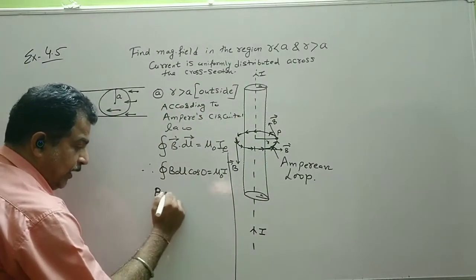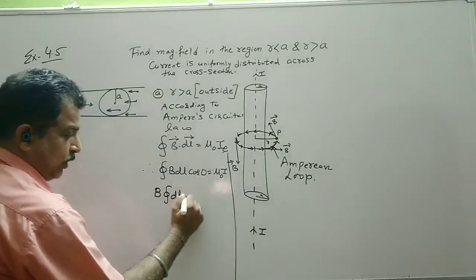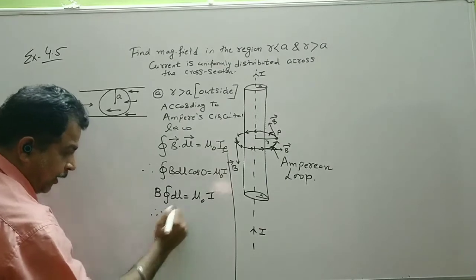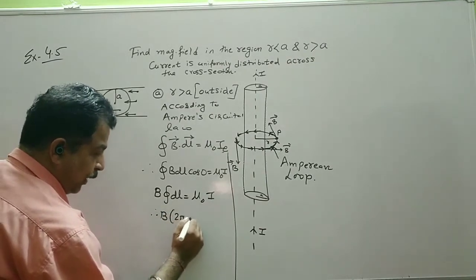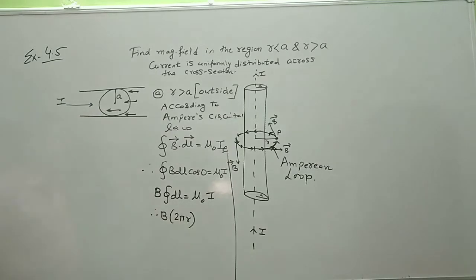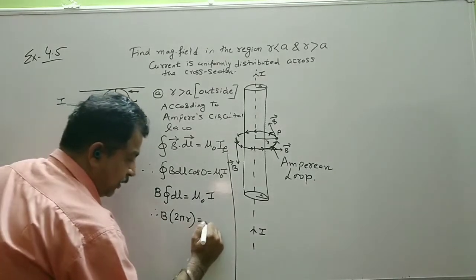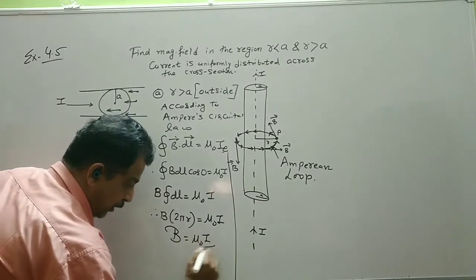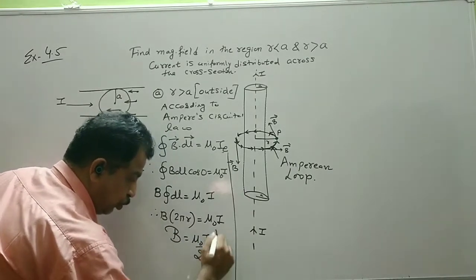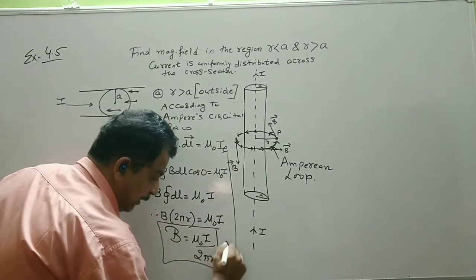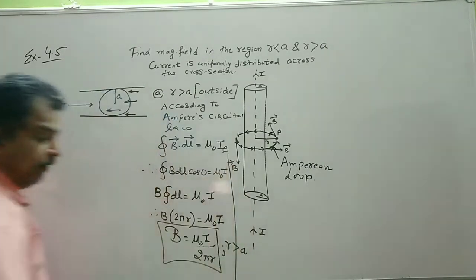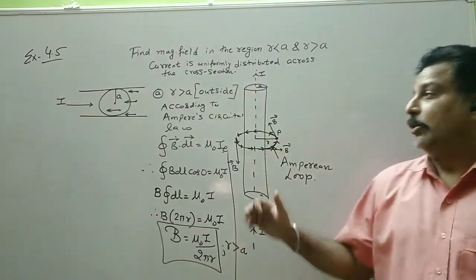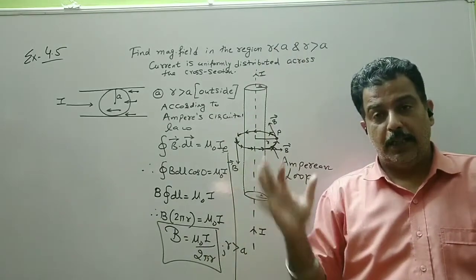So this becomes B times the line integral of dl, cos 0 is 1, equals mu naught I, and therefore the line integral of dl will be equal to 2 pi r, where r is also the radius of the Amperian loop. So this is equal to mu naught I. So B is equal to mu naught I upon 2 pi r, where r is greater than A. Very much similar to a wire of infinite length and a thin wire.